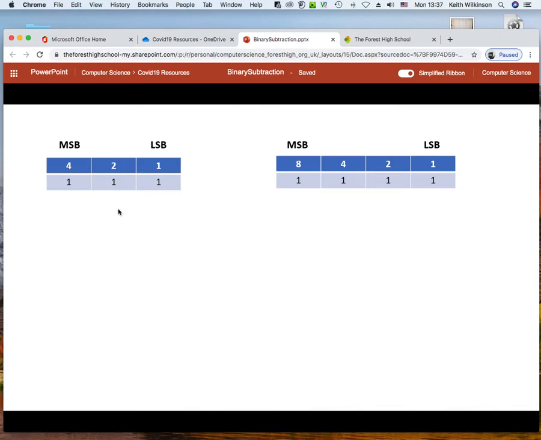You should be familiar with the terms MSB, for most significant bit, being the largest binary value in our bit pattern, and the least significant bit is always the first digit in our binary pattern. If I've got 3 bits, the most significant bit is this one, and the least significant bit is this one.